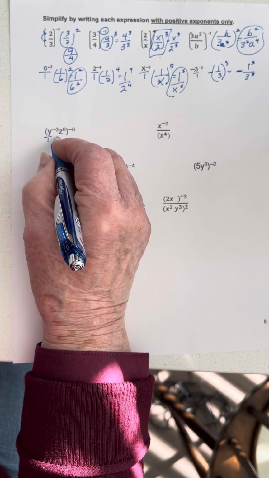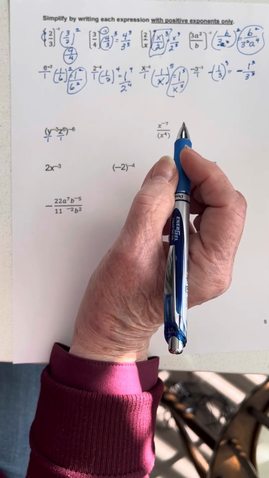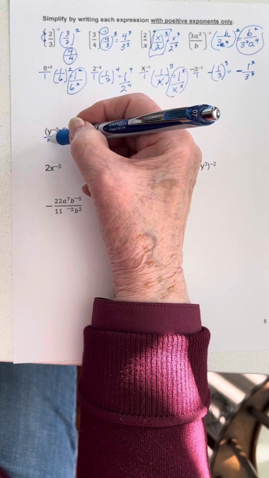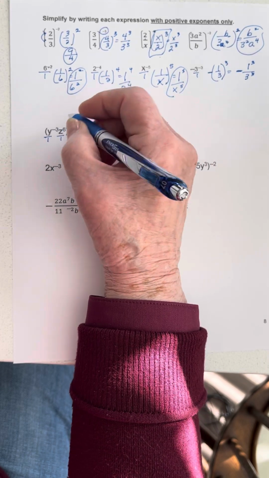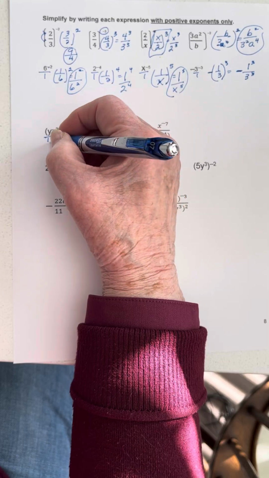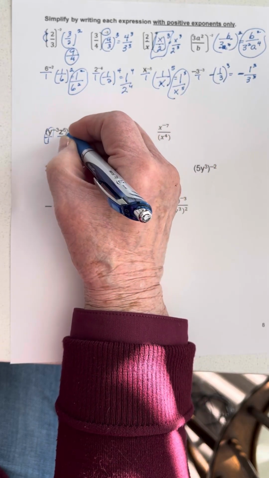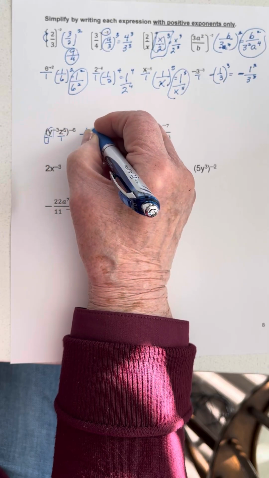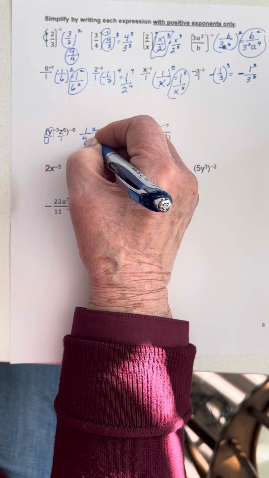We can make each of these positive. Make each of these fractions. And now, instead of the negative 3rd power, we're going to flip this. This is already positive, so we're good just to leave it like this.